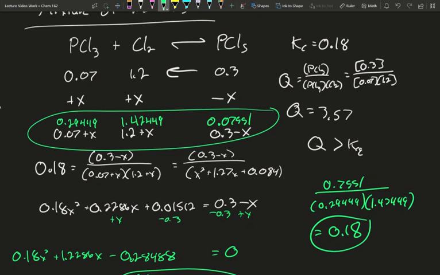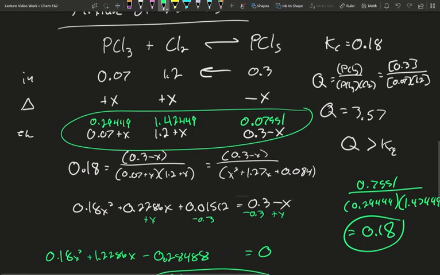So we can find what our concentrations at equilibrium are going to change to. Our original 0.3 molar PCl5 has decreased to 0.08. Our Cl2 has gone from 1.2 up to 1.4 some, and PCl3 has increased from 0.07 to almost 0.3.